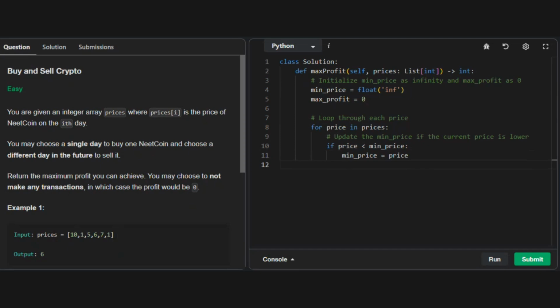Have that sorted out. Then we need to bring in the next pseudocode, which is to calculate the profit if we sell at the current price. And if this profit is greater than the existing profit, then we update that there.